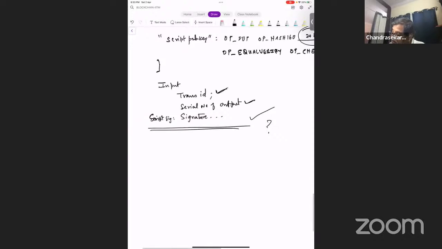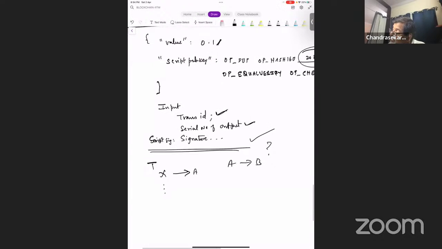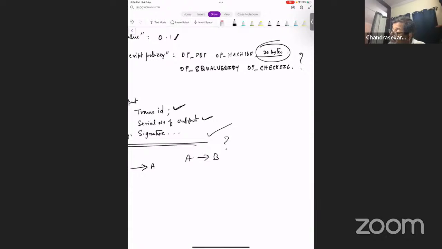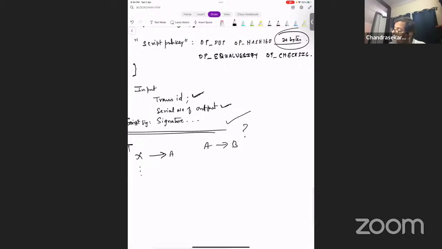This is the transaction from A to B. There is a transaction from X to A that will have an output, and that output will look like this: OP_DUP, OP_HASH, and this public key hash, the 160-bit, 20-byte hash, would have been set here for A.